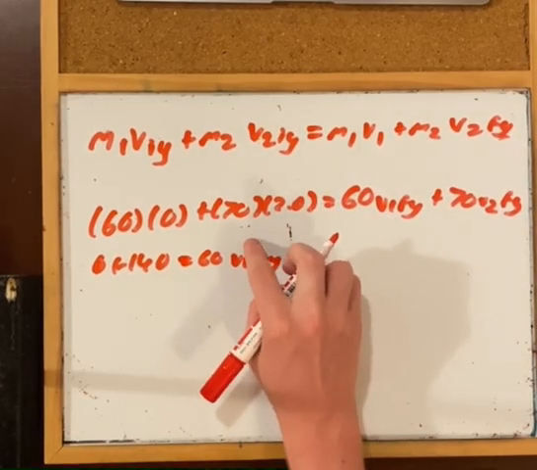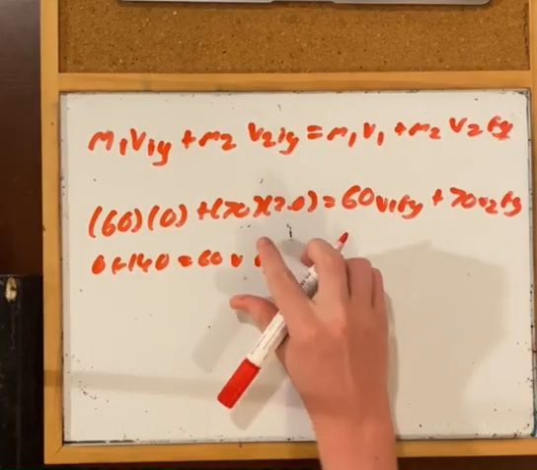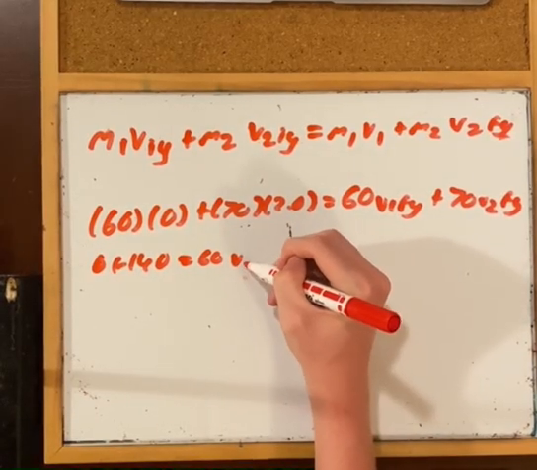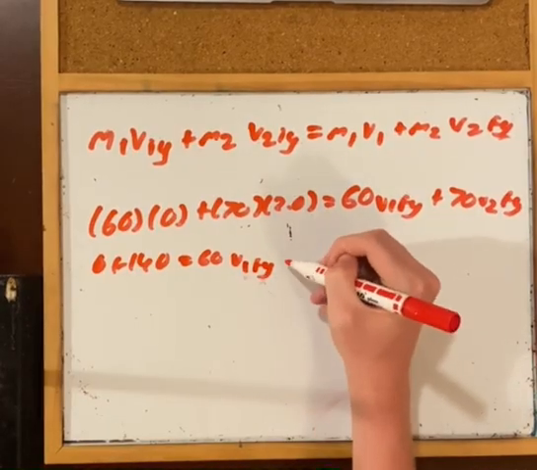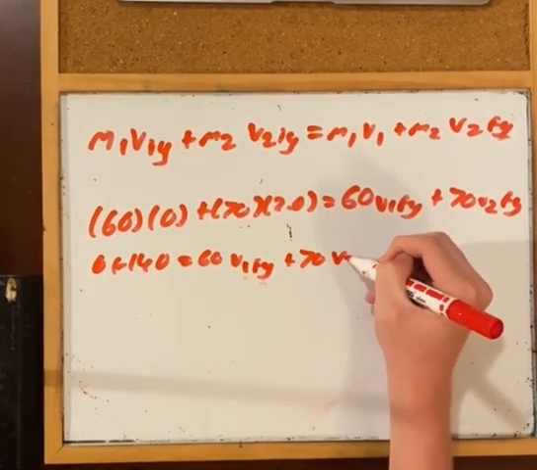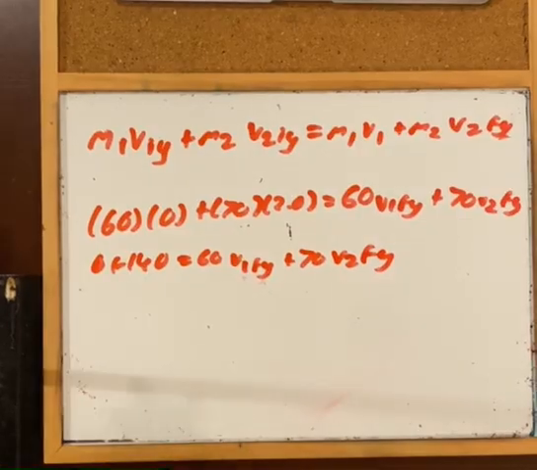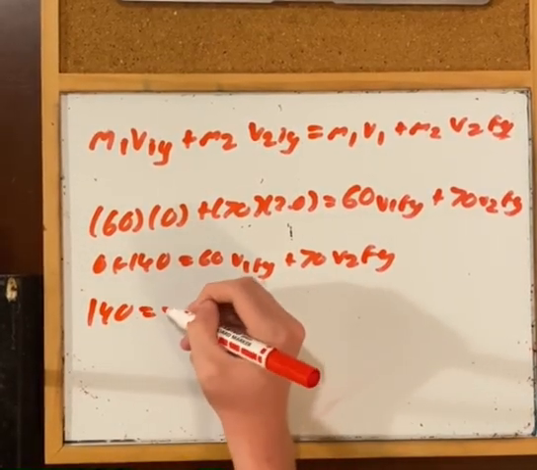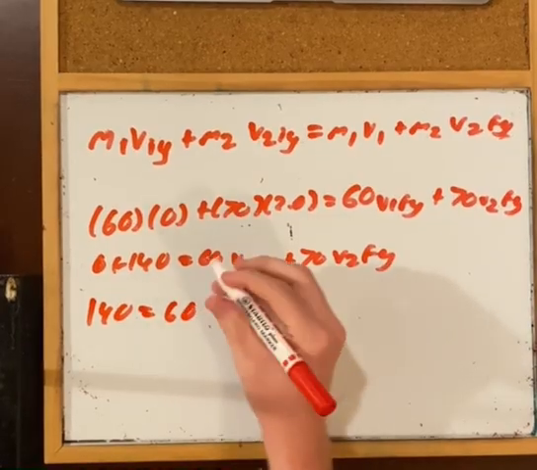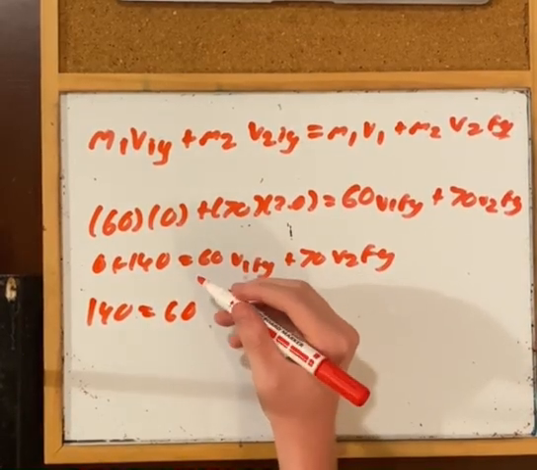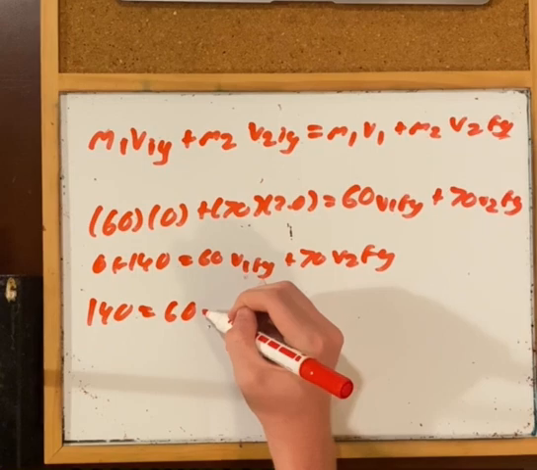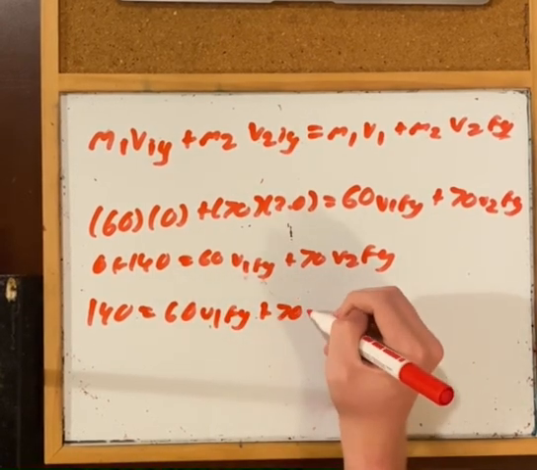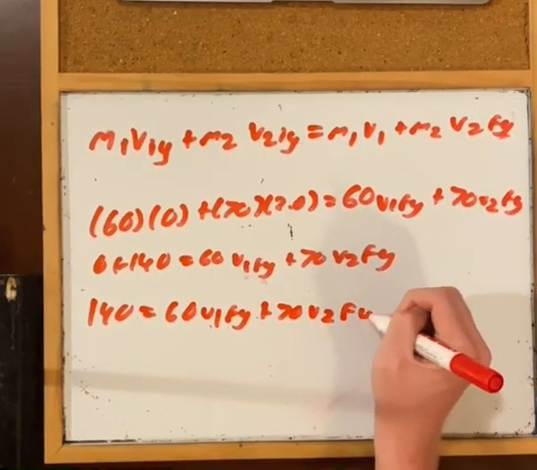Oops, there would not be an i there. And because 140 plus 0 is equal to 140, down here we're going to write 140 equals 60 v1f of y plus 70 v2f of y.